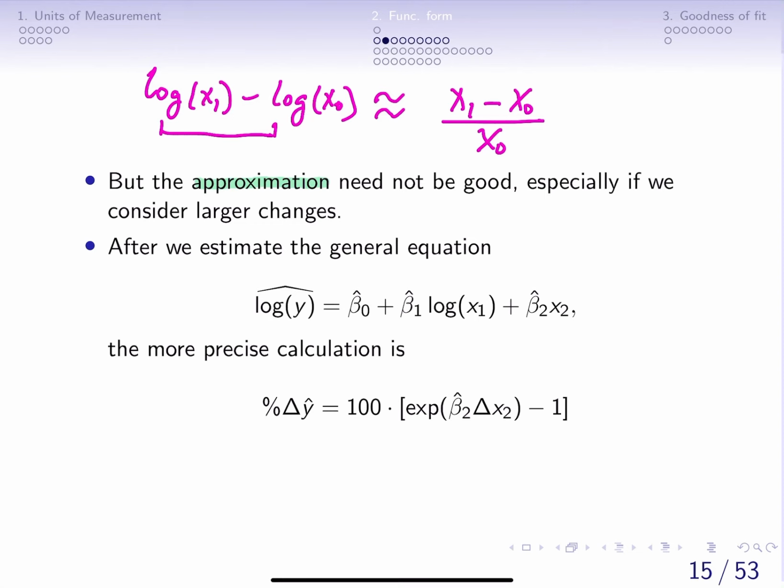Okay, so this is just the interpretation, measured in this way.